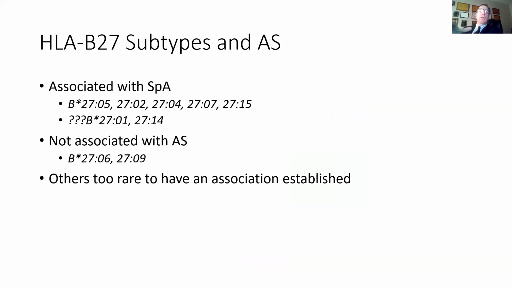Now, most of those are very rare, but we do know that B2705, the parent subtype, is associated with spondyloarthritis, as well as B2702 in the US and in Europe, B2704 in Eastern Asia, 07 in Western Asia, B2715 in China, and a possible association with B2714 and B2701. B2706 in Southeast Asia and B2709 in Sardinia are not associated with ankylosing spondylitis. And the others are just too rare to have had an association established.